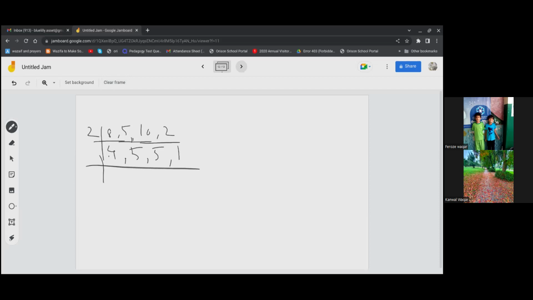Then there is 5: 5 1s are 5, 5 1s are 5. What is left? 4. 4 1s are 4. Now 2 5s are 10, 10 4s are 40. So we have LCM 40. Now we take LCM 40.